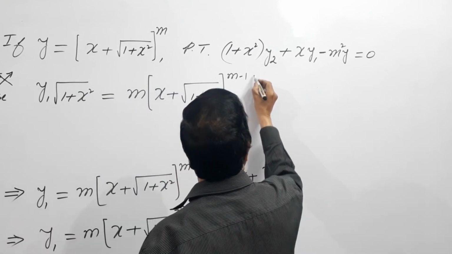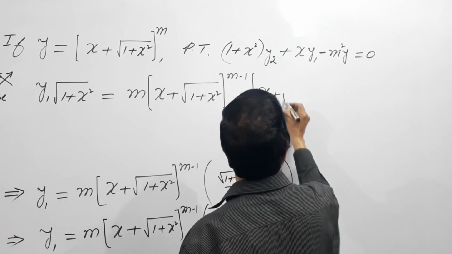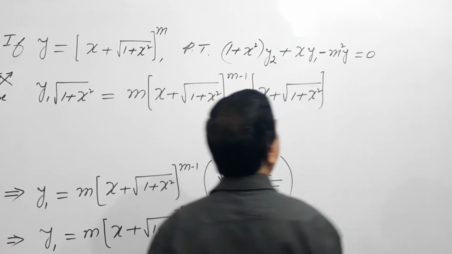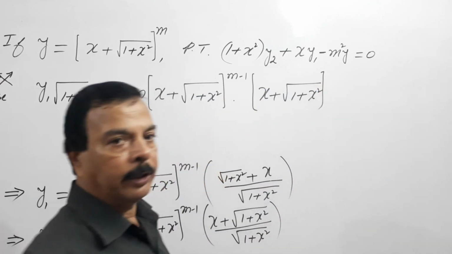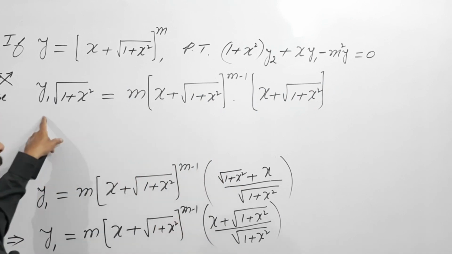I will write this also in square bracket only, let it look neat. x plus under the root 1 plus x square. But here no m, don't try to put m. If you put the m, it's gone. So under the root has come here.